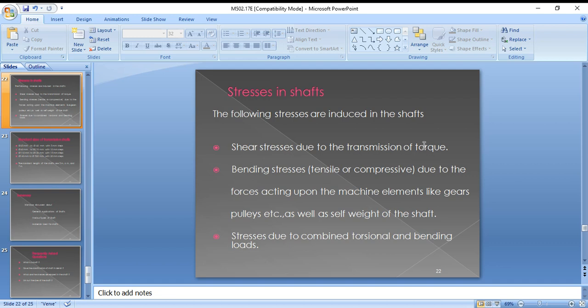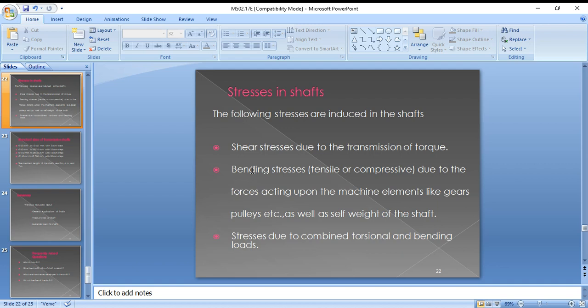Next, the shaft produces bending stress, tensile or compressive, due to the forces acting upon machine elements like gears, pulleys, etc., as well as the self weight of the shaft.